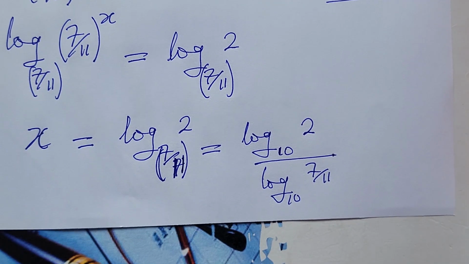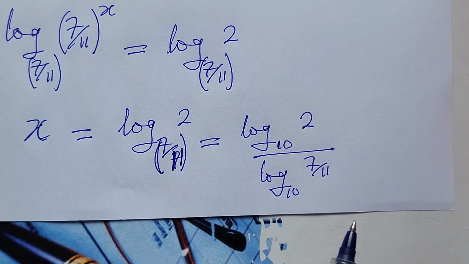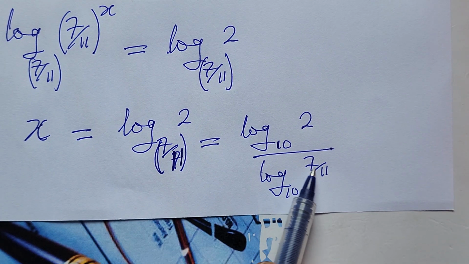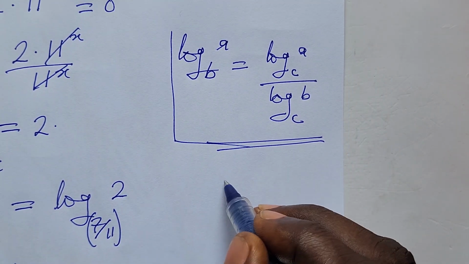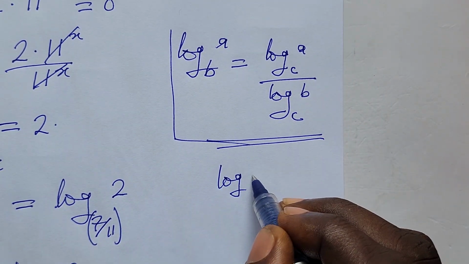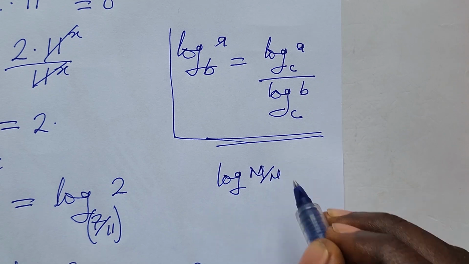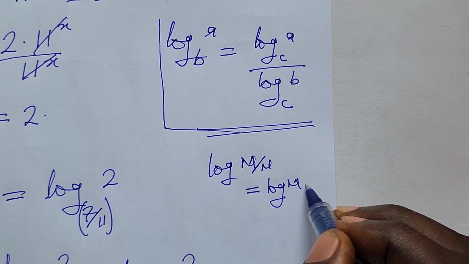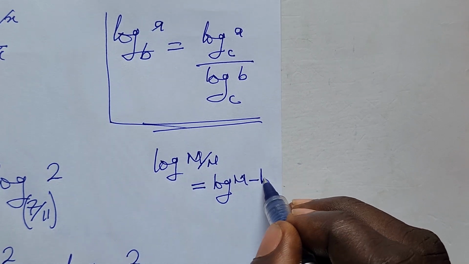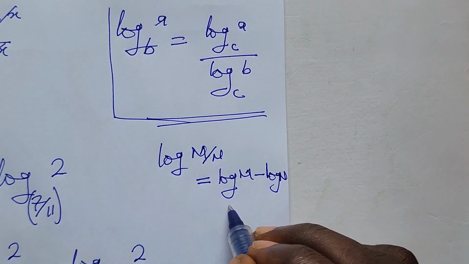Easy. Okay. So what we do here, we can apply the division law of logarithm to this base here. We say that if you have log m over n, this is equal to log m minus log n.